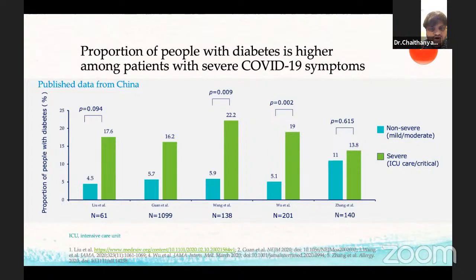And in severe COVID-19, if you look at the percentage of patients having diabetes, it was the same across different populations. So diabetes remains one of the major comorbid conditions present in severe COVID-19 patients. 17.6, 16.2, 22%, 19%, 14% of the patients with severe COVID-19 symptoms had diabetes. Next slide.